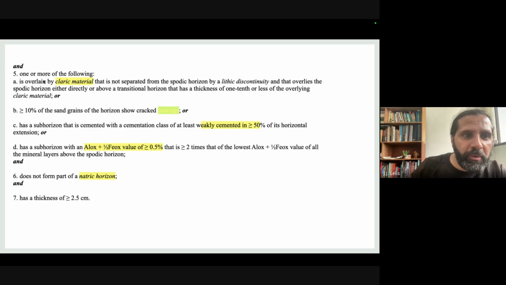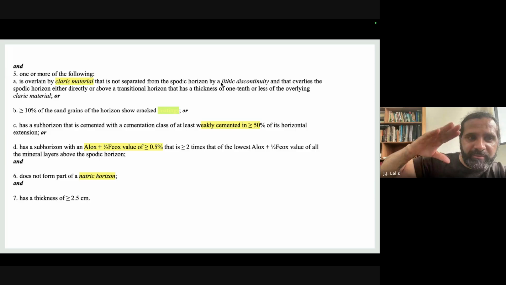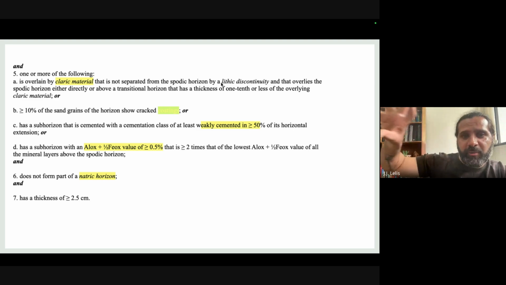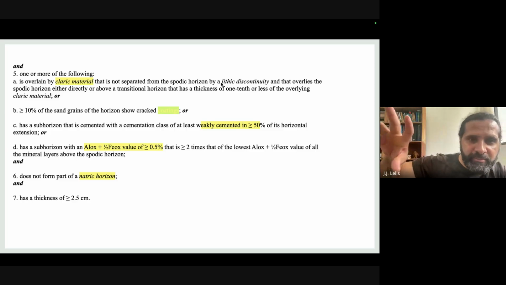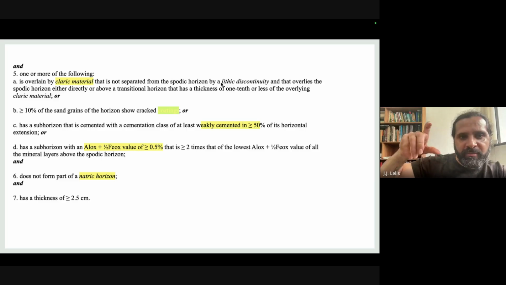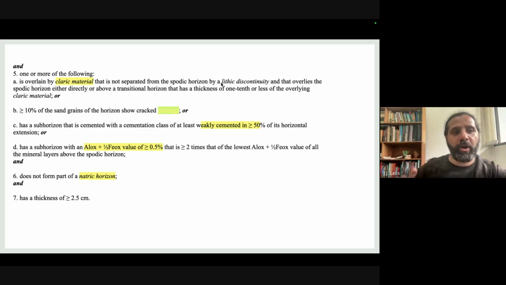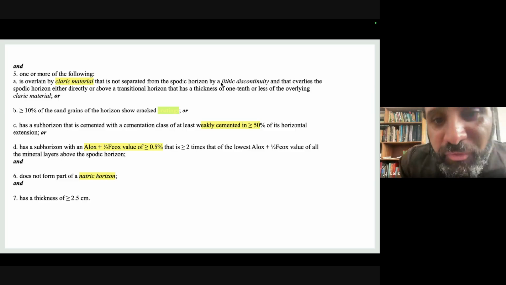And one or more of the following. This spodic horizon is overlain by albic material that's not separated from the spodic horizon by a lithic discontinuity. So again, we must identify that this spodic horizon is below something that registers a very whitish color connected to sand materials, and this difference of morphology is not related to a lithic discontinuity.